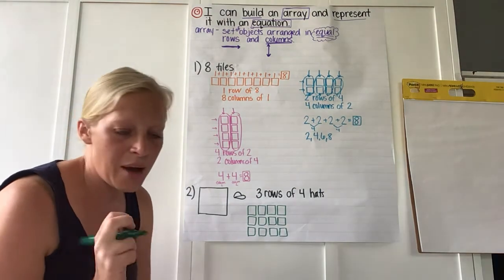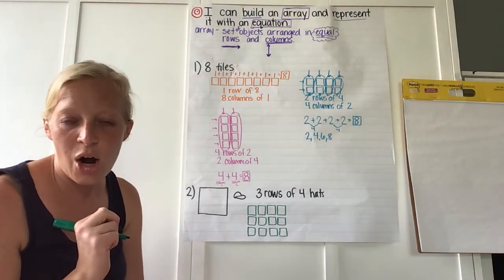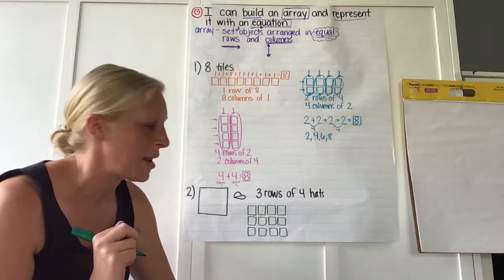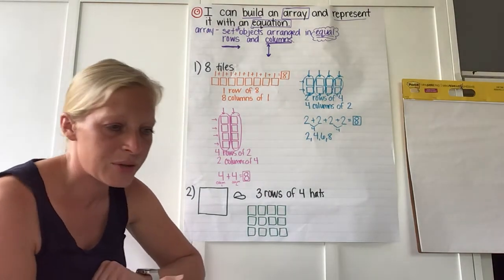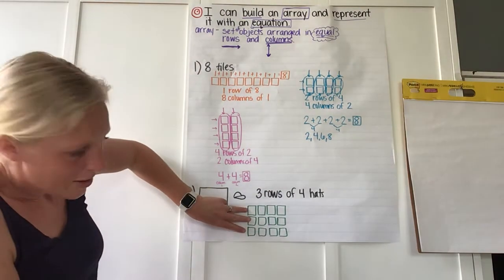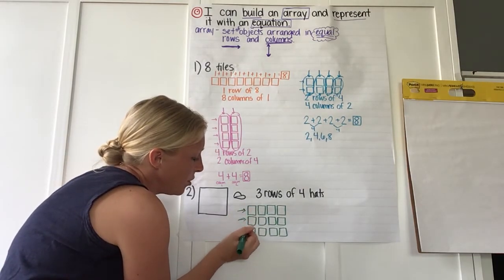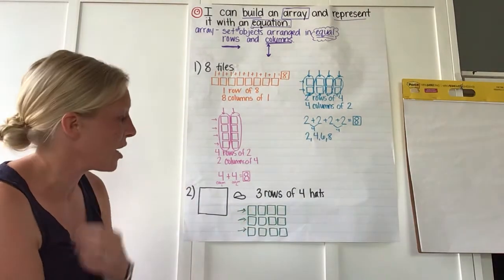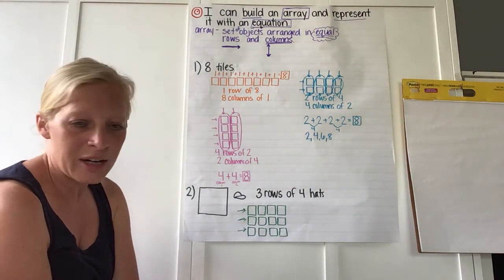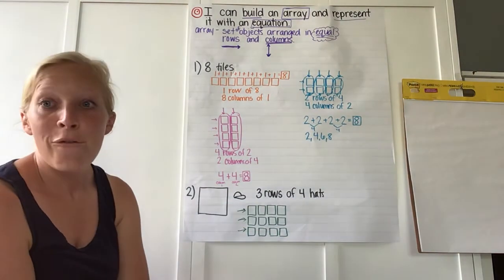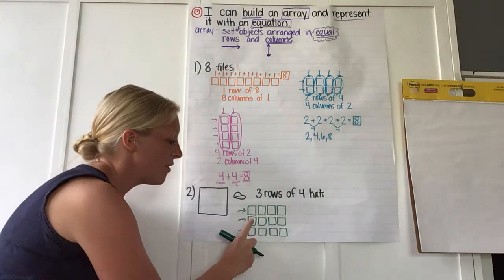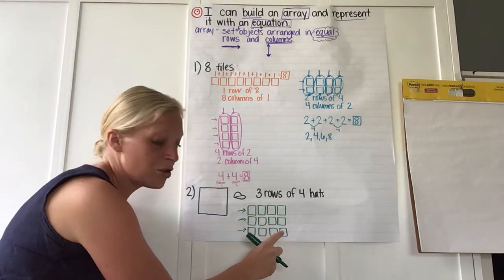Just show me, as you're looking at your array on your workspace in front of you, where are your 3 rows? Yes, row 1, row 2, and row 3. And how many are in each row? 4. 1, 2, 3, 4, 5, 6, 7, 8, 9, 10, 11, 12.